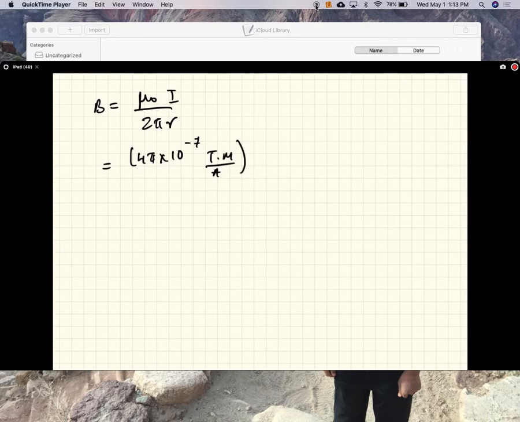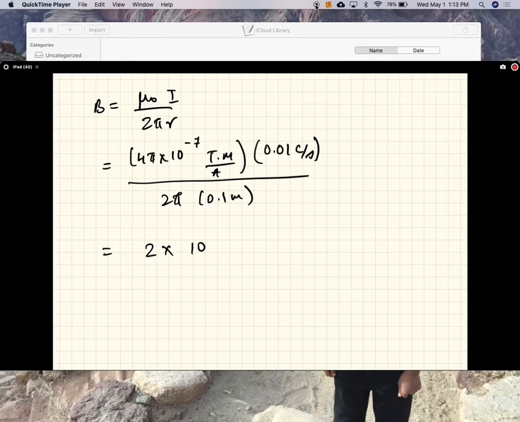And the current flowing in is 0.01 coulombs per second, amperes. 2 pi, and we're finding the magnetic field at a distance r, 10 centimeters, which is 0.1 meters. All right, so let's take care of powers of 10 first. That's 10 minus 7, 10 minus 9, 10 minus 8, 2. Okay, so 2 times 10 minus 8 Tesla.